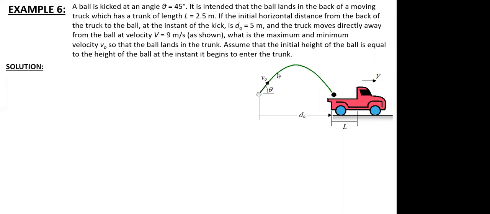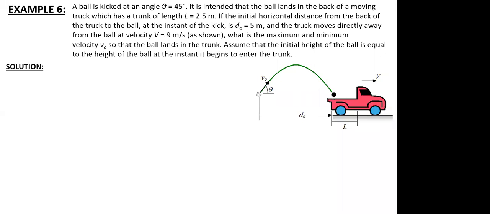Means the ball is going to complete the projectile. If the ball is going to complete the projectile, I can directly use the formulas of horizontal range and I can use the formula for time of flight. Total time it takes from the initial kicking point to the point it enters the truck.